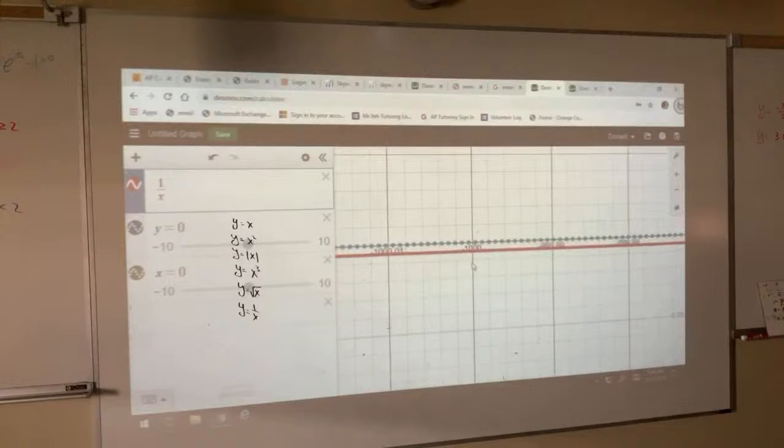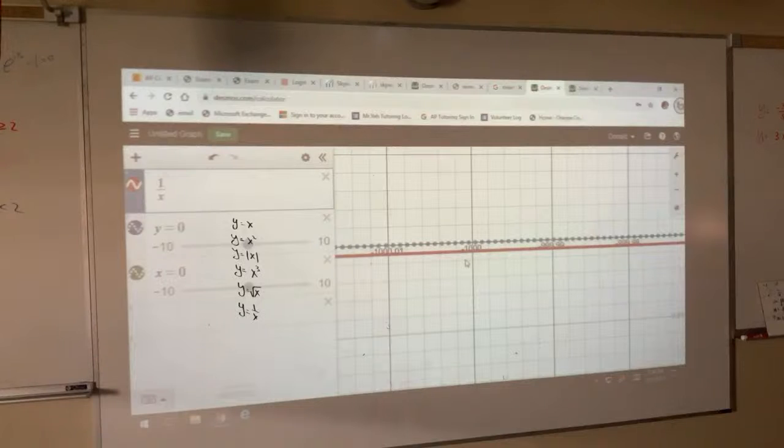So they are actually not touching. It's 1 over 1000, so it's 0.0001. Therefore, it's not really touching it. It just looks awfully close, but it's not touching it. So it never touched it.